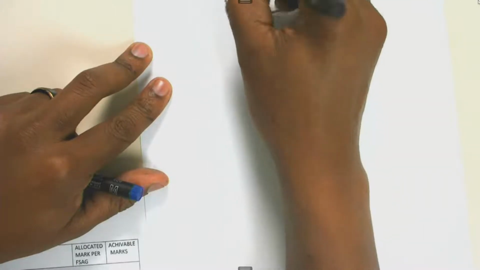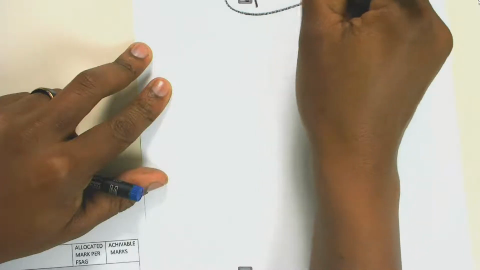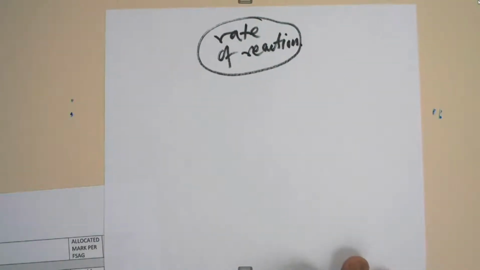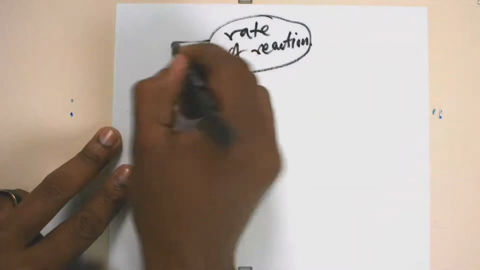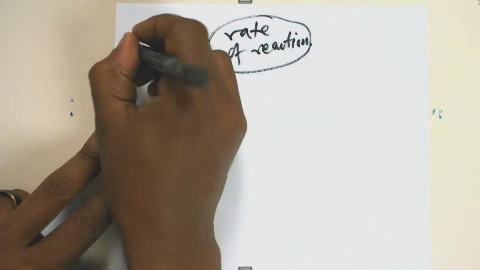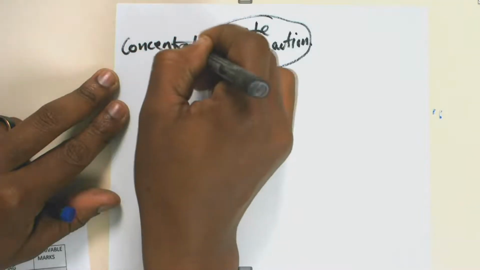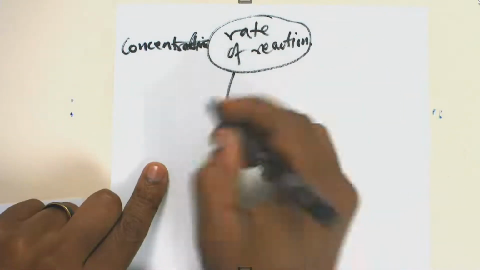So we'll start with the pillars again. We have now these factors that affect rate of reaction, and it is always best to know how each one of them influences the rate of the reaction. So we'll start by saying we have the first one, which is concentration. We have surface area.